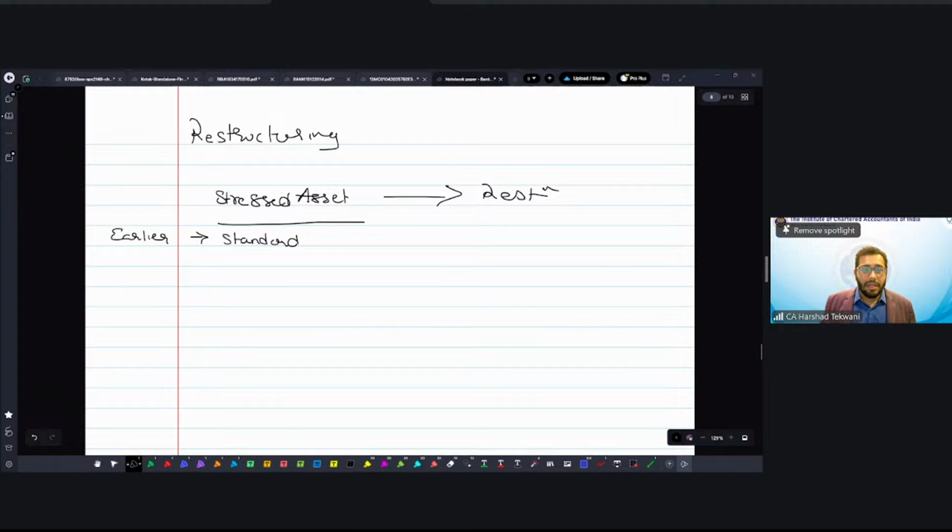This was a standard asset, a restructuring done. How will you classify this? I'm not sure, sir, but I would go with the standard asset again. Okay. So you will go for the standard asset again.